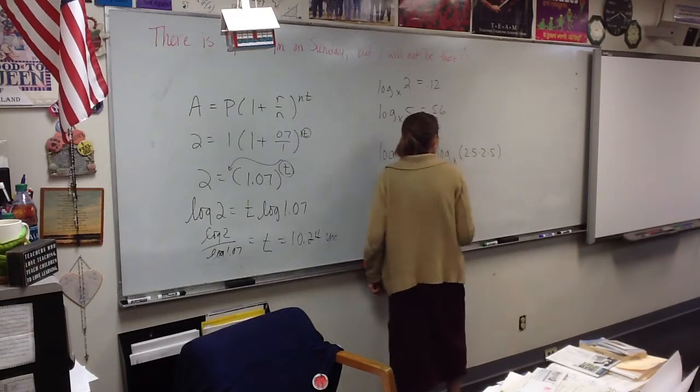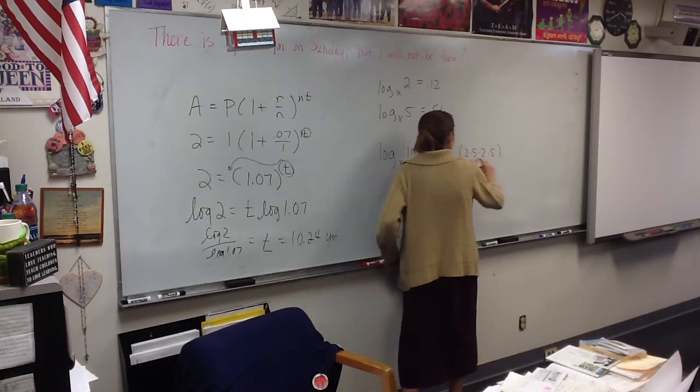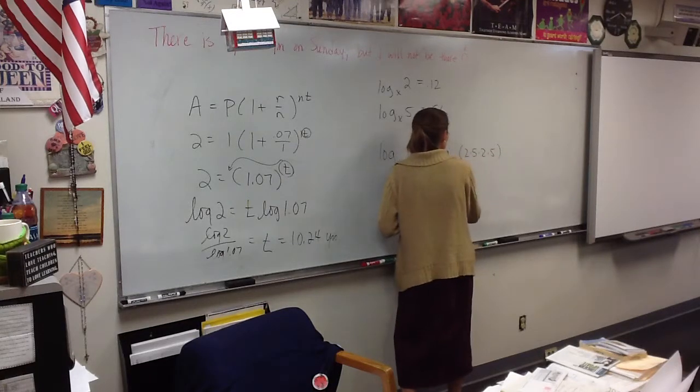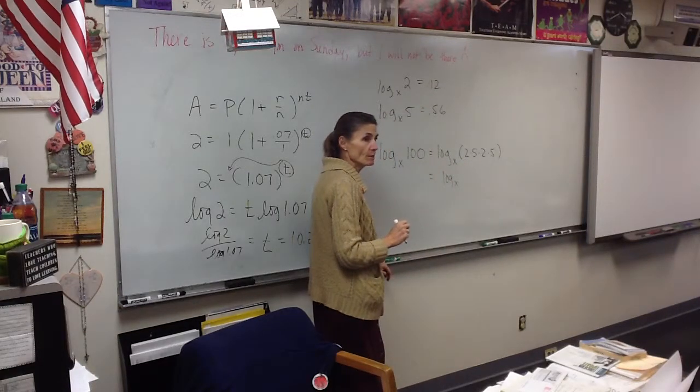What would this break apart into? Use your properties of logarithms. When you take the logarithm of a product, what does that turn into? When you expand that, what does that turn into?